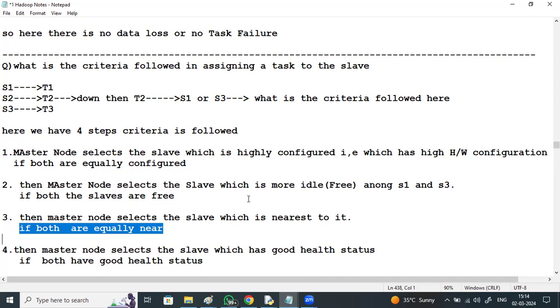Master in one state and slaves in different states. The master node can be in one city and all the slaves in different cities.